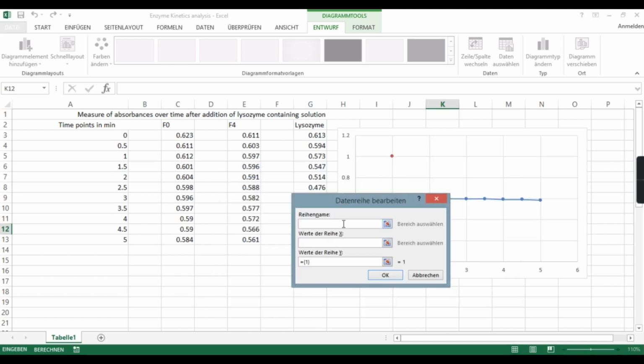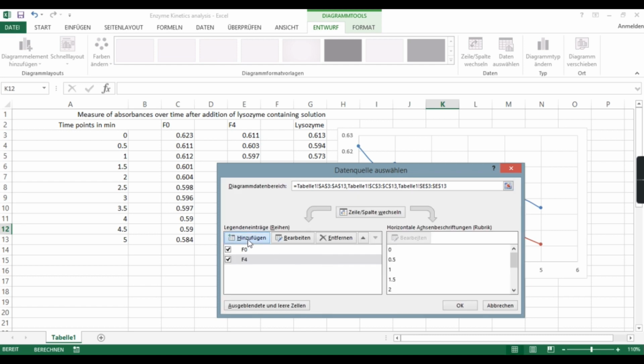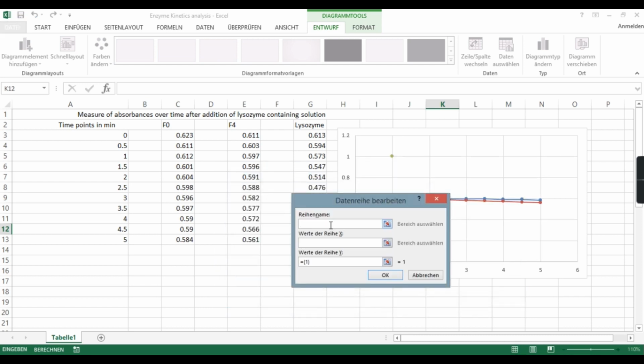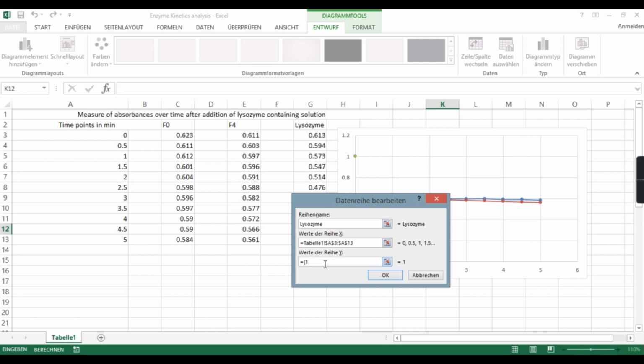Then you click on insert another, also name this one, click on x values and again choose the time points. And again one last time for the lysozyme. And again choose the time points, and the y values are the lysozyme absorbance values.